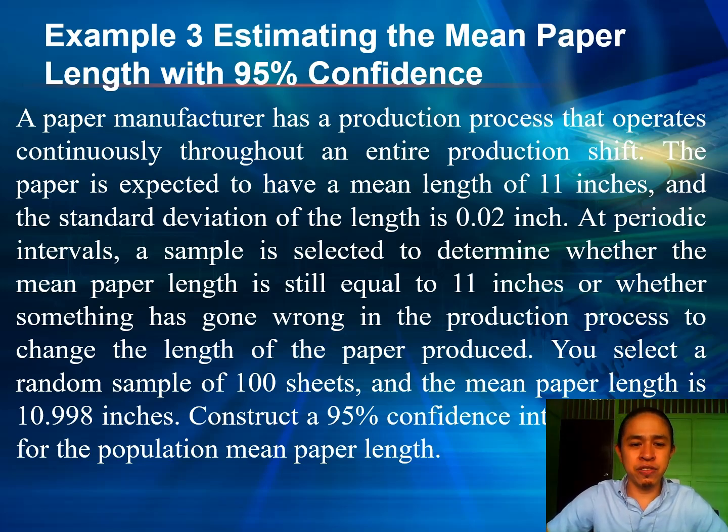At periodic intervals, a sample is selected to determine whether the mean paper length is still equal to 11 inches or whether something has gone wrong in the production process to change the length of the paper produced. You select a random sample of 100 sheets, and the mean paper length is 10.998 inches. Now, construct a 95% confidence interval estimate for the population mean paper length.